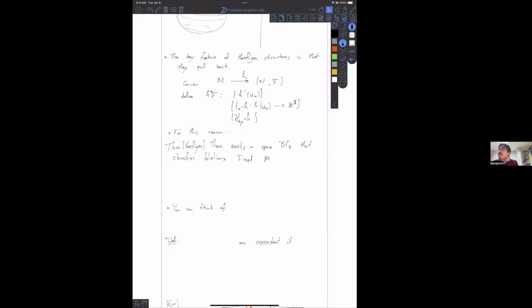Haefliger structures on M, up to an equivalence that's approximately homotopy, I'll say more in a minute, is the same as continuous maps M to B gamma Q up to homotopy.